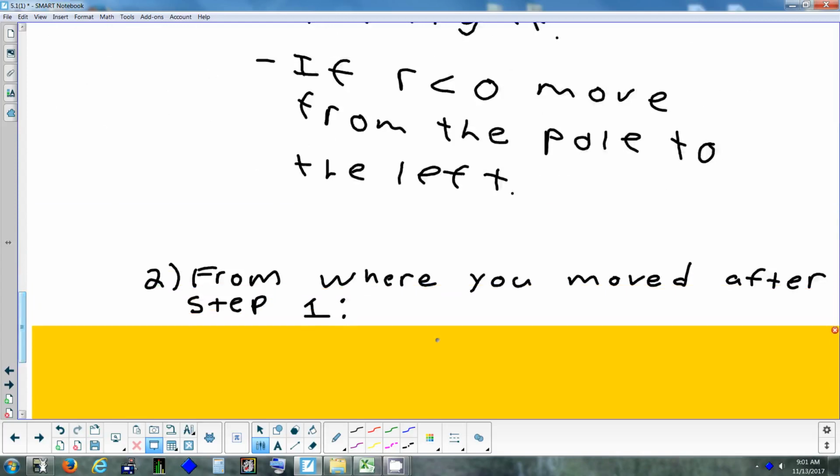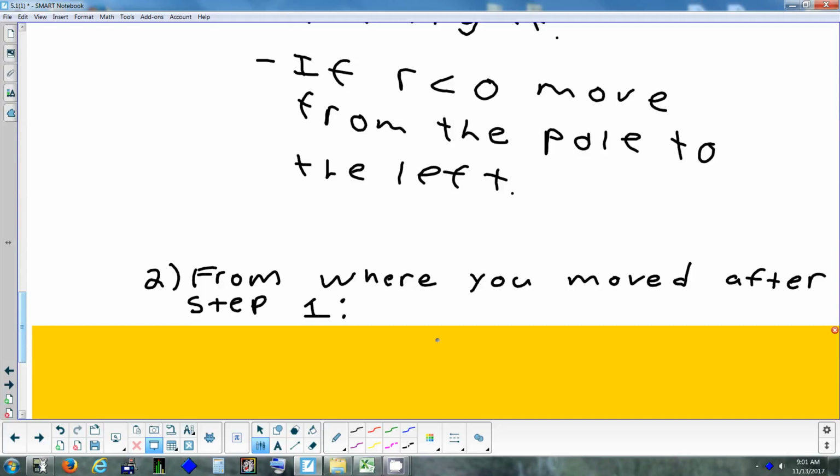All right, so now once you've moved left or right, now you have to look at the angle. So the angle is motion on a circle. What are the two directions you can move on a circle? You don't really say up, down, left, and right for circular motion. Clockwise or counterclockwise. So those are the two directions you can move.